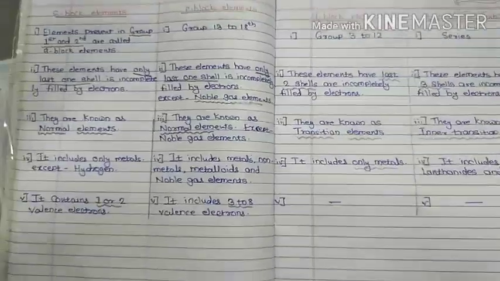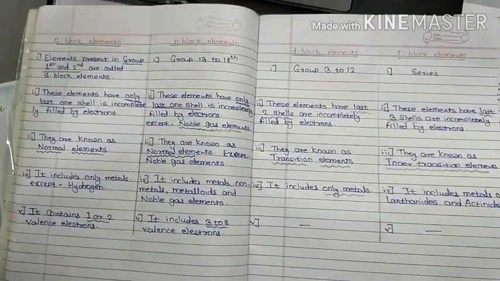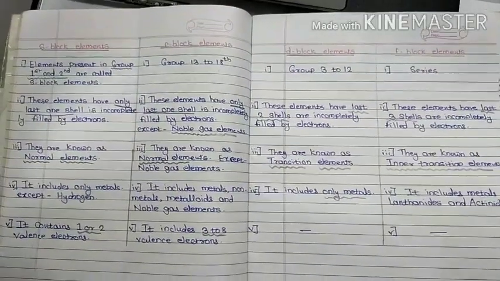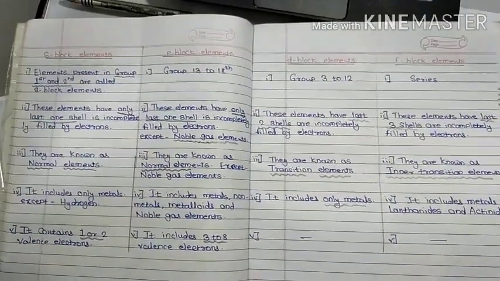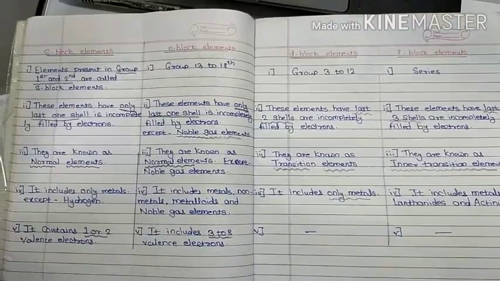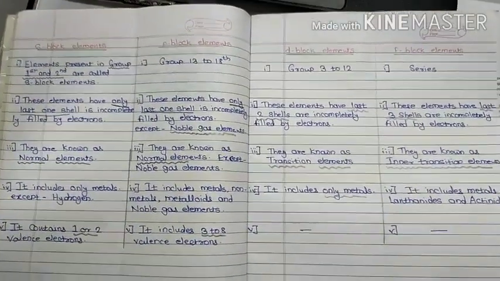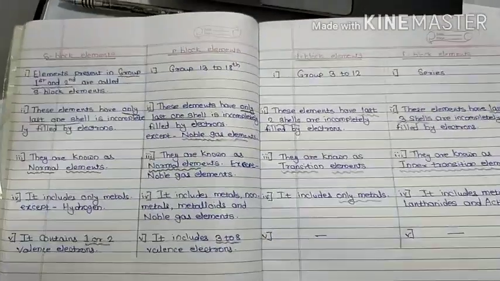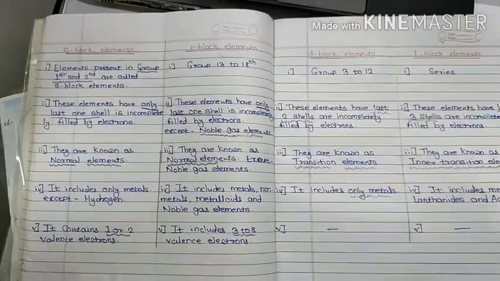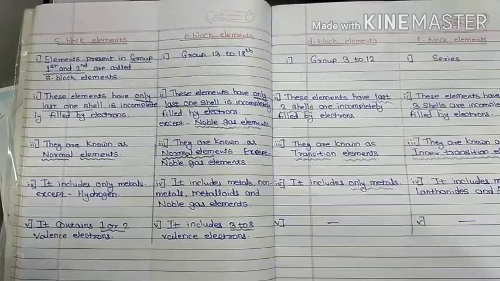Now I have arranged this table for you, and from this table we are going to cover information for the following blocks. First we are going to see the S block, and we are making the definition.